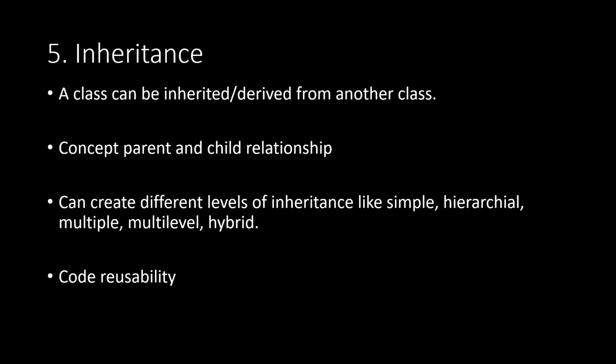A child can access the parent functions. So we can create a relationship between the parent and child using inheritance. We can see different levels of inheritance like simple, hierarchical, multiple, multi-level, hybrid.